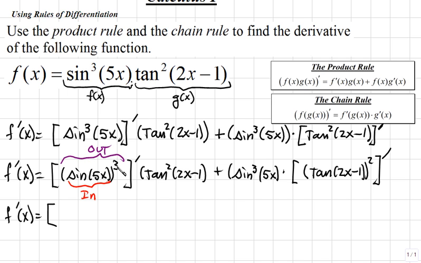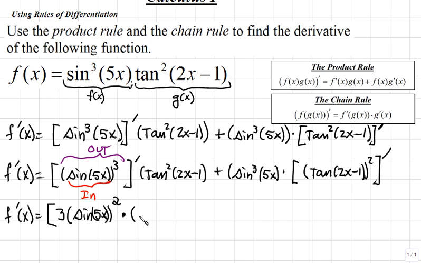The derivative of that power would mean the power would go in front, and we would raise the expression to the next lower power by subtracting 1. 3 minus 1 would become 2. We'll leave the inside function alone, sine of 5x. But we'll need to multiply this by the derivative of the inside function.